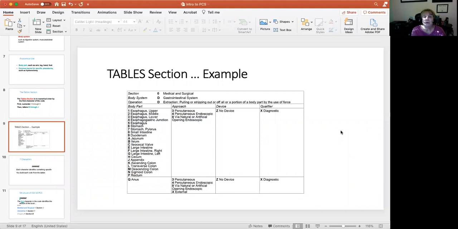And then we have the root operation term. Now, good news is every table not only has the root operation term, it provides you again with the definition of that term. So you can double check your thinking right here in the tables.